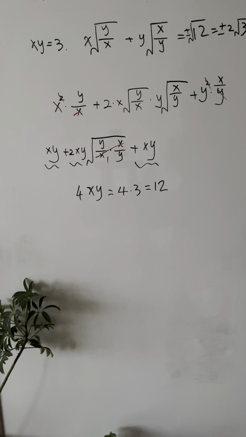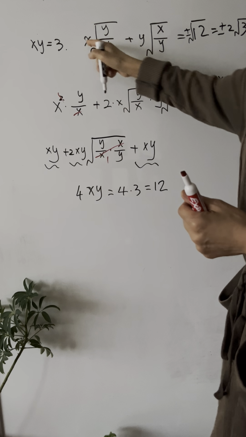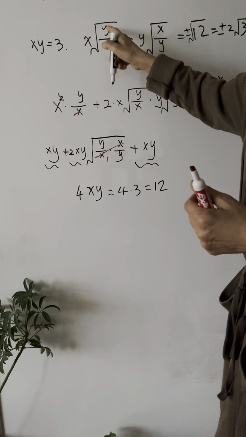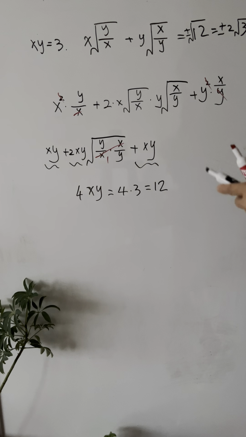You see the difference between this one and the previous one? The previous one, we only got positive 2 radical 3. But now we get plus or minus 2 radical 3. So I have two solutions, okay? One for xy to be positive, one for xy to be negative. So two solutions, positive and negative 2 radical 3.